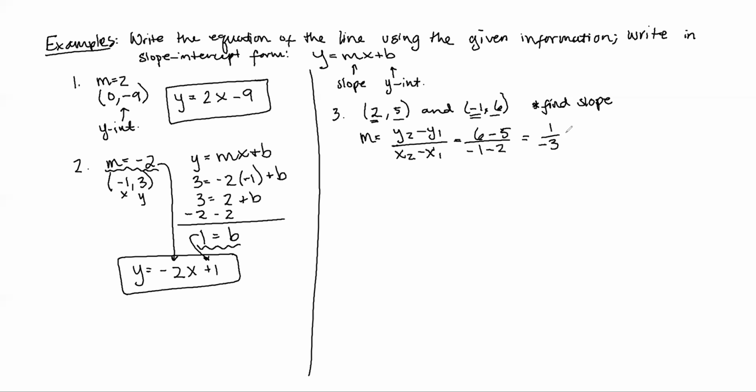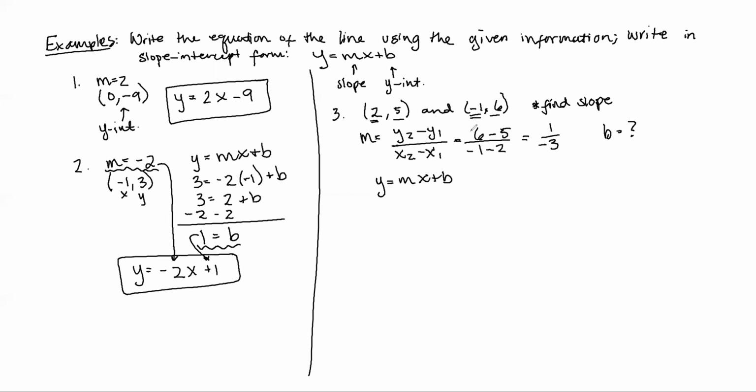All right, so we have our slope. We still need to know what our b is because we don't know what the b is, and that's the only other part of the equation that we're looking for. So again, we're going to plug into y equals mx plus b. Now, for y and x, you can pick either one of these points.